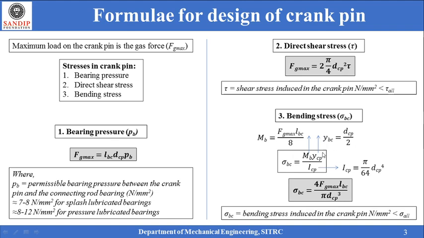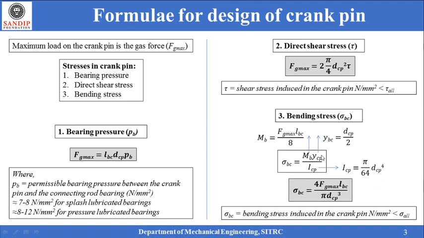Ycp is the distance of the extreme fiber from the neutral axis given by dCp by 2. Icp is the area moment of inertia of the crank pin about its diameter. It can be given by pi by 64 dCp raised to 4.